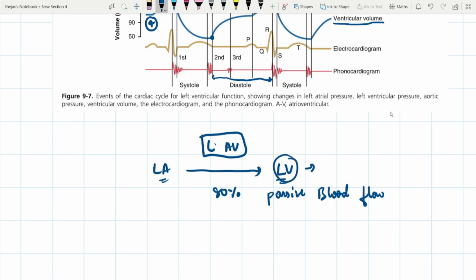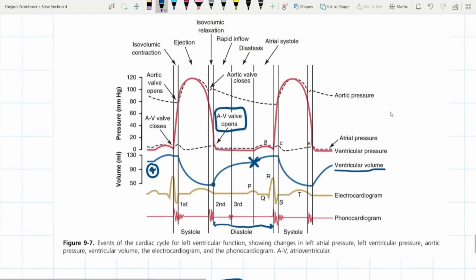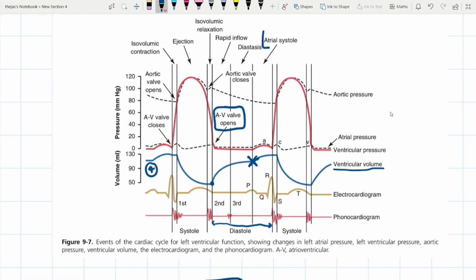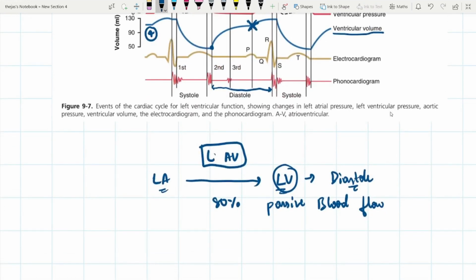So left ventricle in the diastolic phase starts to fill up with blood. So see this point. I'm cross marking here. From this point, the left atria starts to contract. Okay, that is left atrial systole. When left atrial systole happens, what happens?